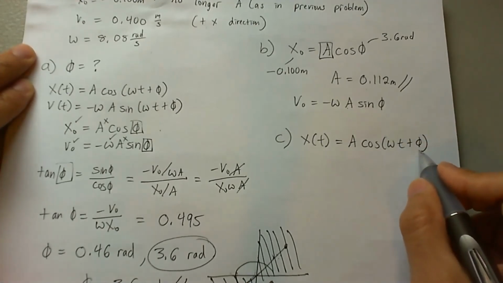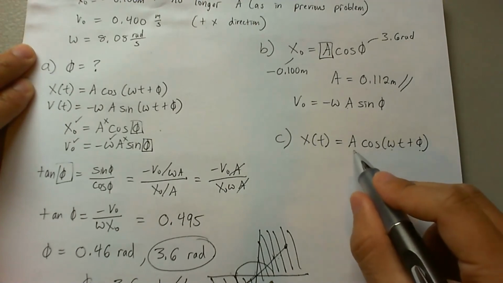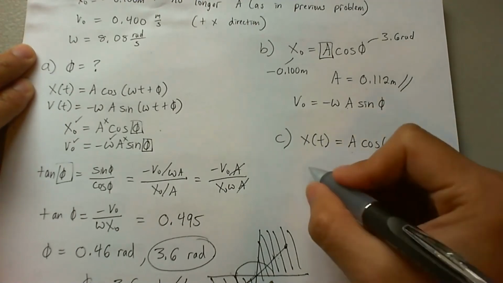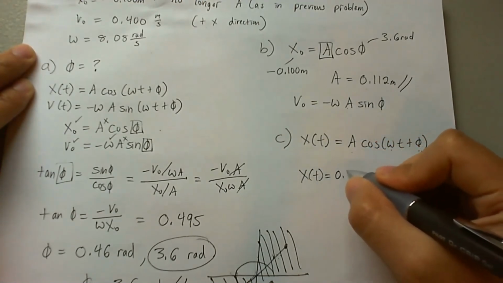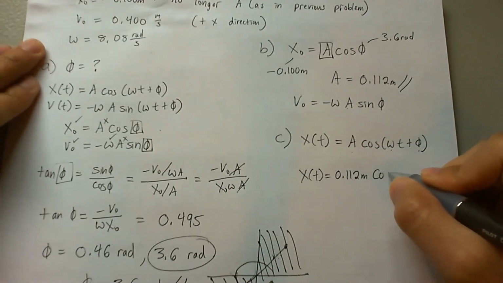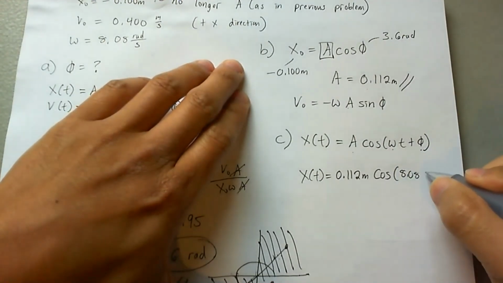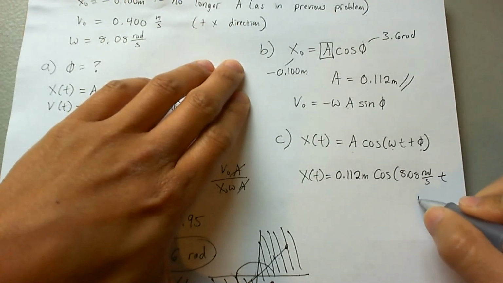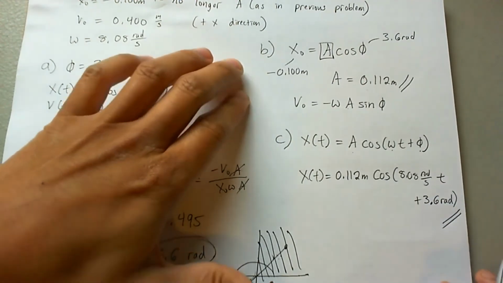Plugging in the phi that we found out, the omega that's in the problem, and the A we found out for part B, we get x of t is 0.112 meters cosine of 8.08 radians per second t plus 3.6 radians. And that's our final answer.